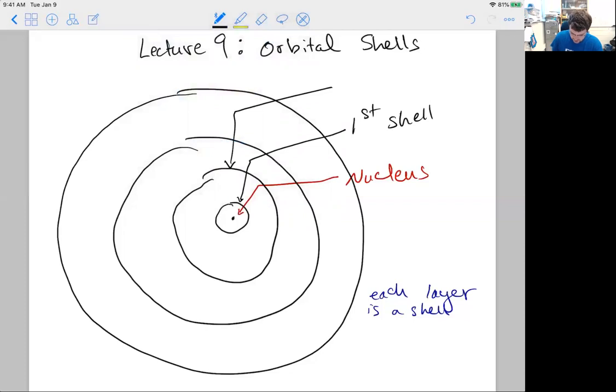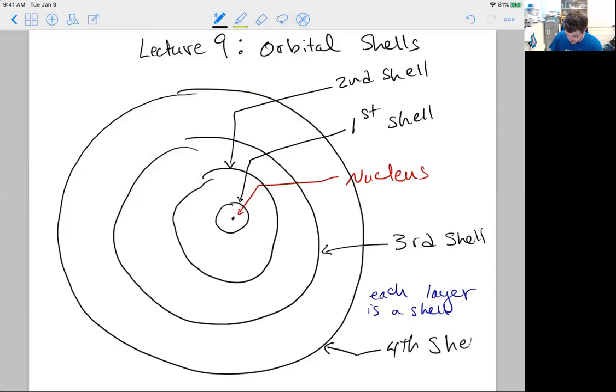Coming outward from the nucleus to the next shell, we get to the second shell, then the third shell, and lastly, the fourth shell.